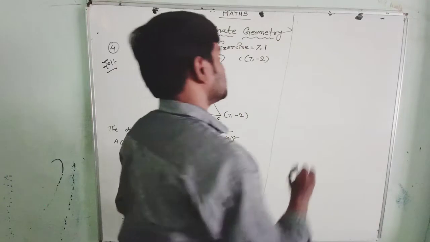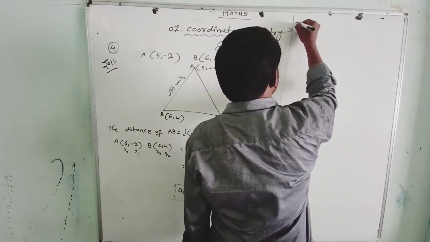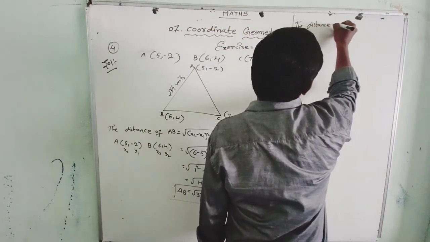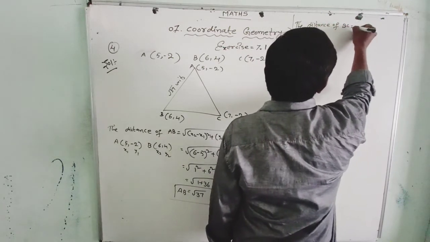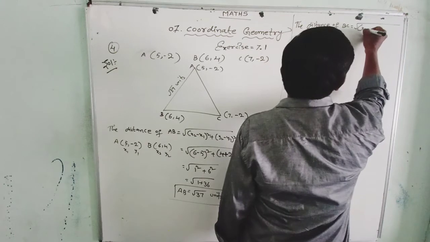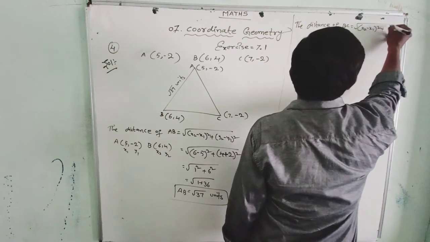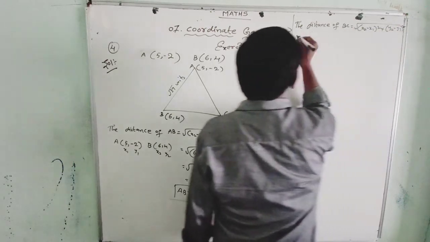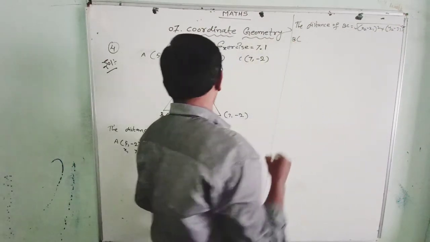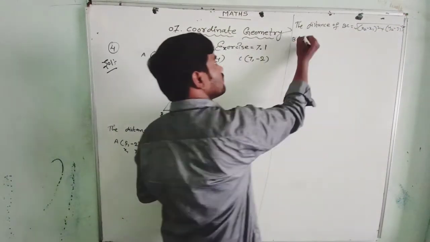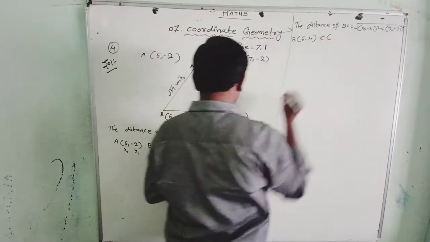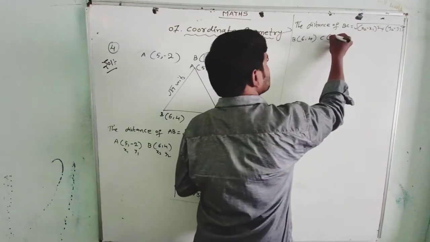Now we will find out the BC distance. The distance of BC equals root of (x2 minus x1) whole square plus (y2 minus y1) whole square. Here B point is 6 comma 4, C point is 7 comma minus 2.